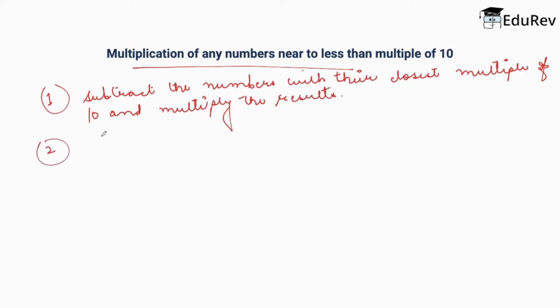Step 2 is that we need to subtract the result from the other numbers.